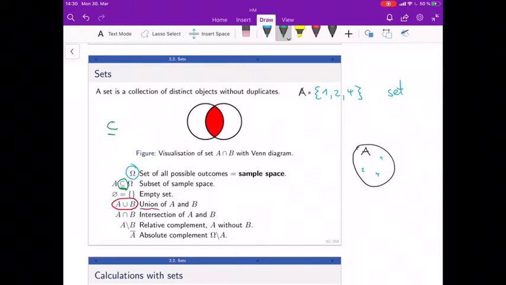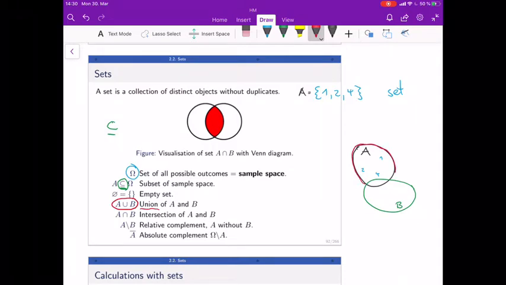Then imagine a set B, and they can overlap in general. I don't have to, but I'll just draw it like this. That's my set B. And then I can ask myself, what's the union of those two? And the union means I join the sets together. So the red kind of follows set A, but then also encompasses set B. So the joint outline, this is A union B.